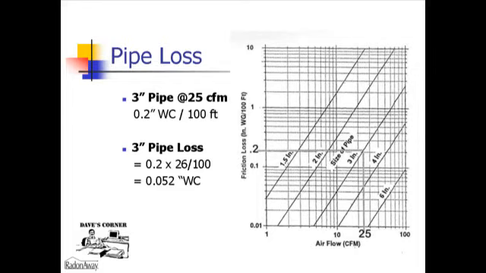100 feet of pipe is not typically what we use in a residential system. You may encounter that if you were doing a school or a large commercial building. But residentially, we deal with much smaller lengths of pipe. And so what we need to do is to take, from our example, for 3-inch pipe, we used 26 feet was the equivalent length that we determined from our equivalent length method.